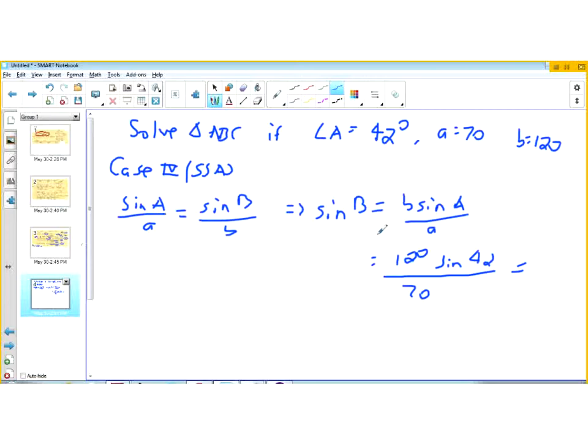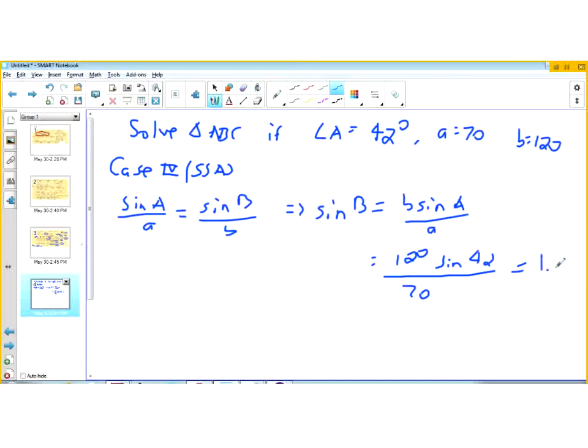So we'll have the sine of B: 120 times the sine of 42 degrees divided by 70, which is equal to 1.14.